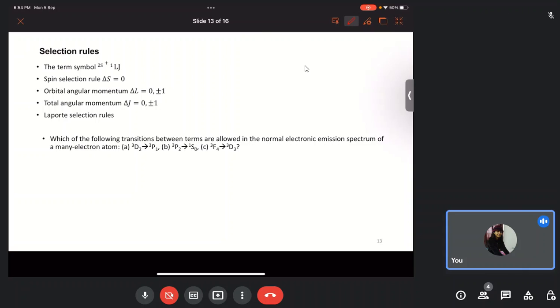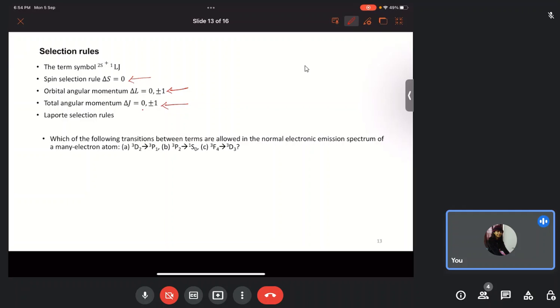The different selection rules that have been covered in the class are the spin selection rule, which says that the transition is only allowed when the change in total spin angular momentum is 0, and also the change in total orbital angular momentum is either 0 or plus or minus 1, and the change in total angular momentum is only allowed to have values of 0 or plus or minus 1.